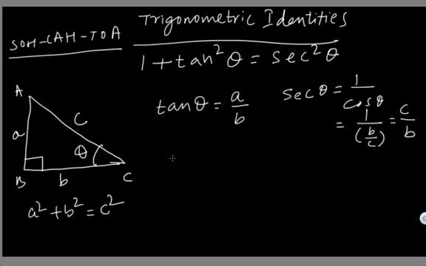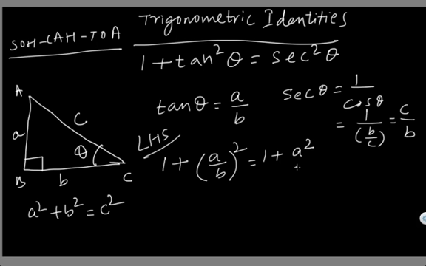Now substituting these values, the LHS is 1 plus tan theta, which is a by b whole square, which is equal to 1 plus a square by b square, which is equal to b square plus a square by b square.